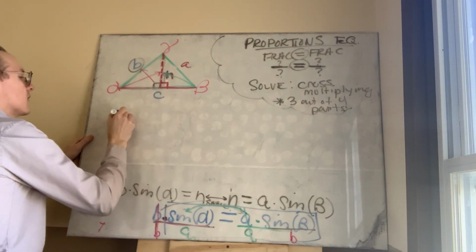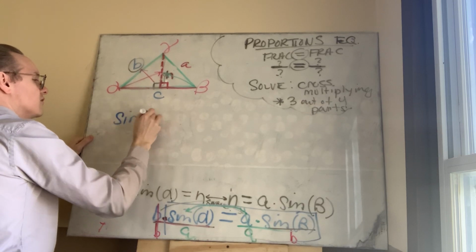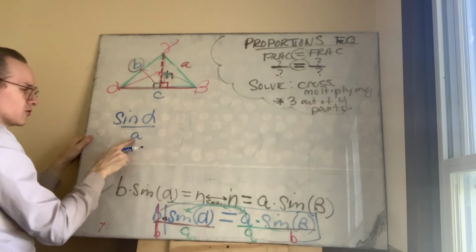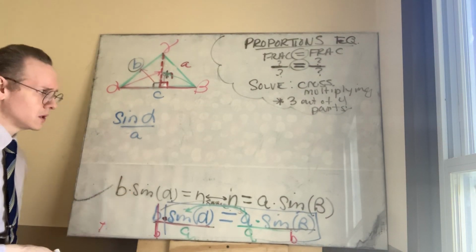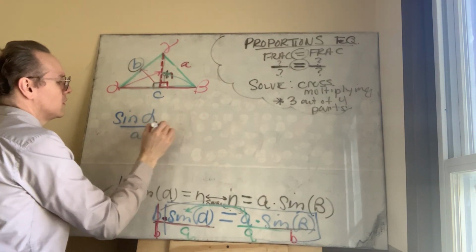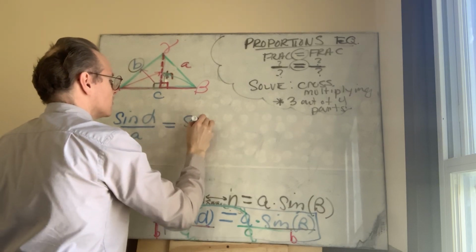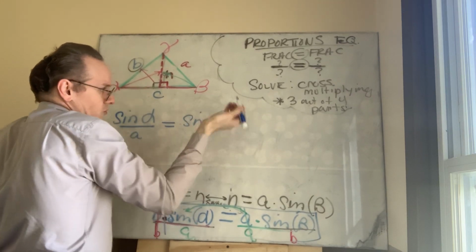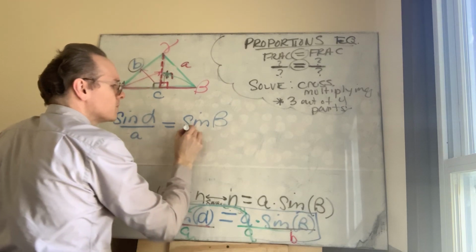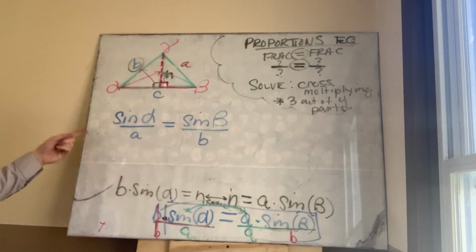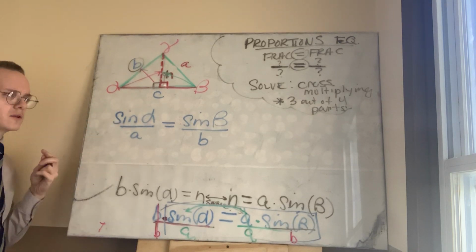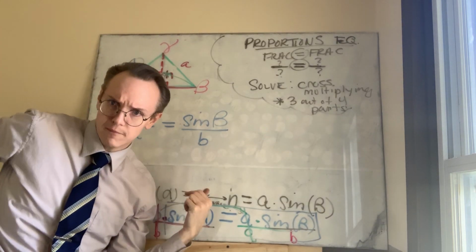That the sine of an angle over the corresponding side, that is, the side that is relevant to it, related, is equal to the sine of some other angle, let's call it beta in this case, over its related side. That's one of basically 3 ratios that are feasible.